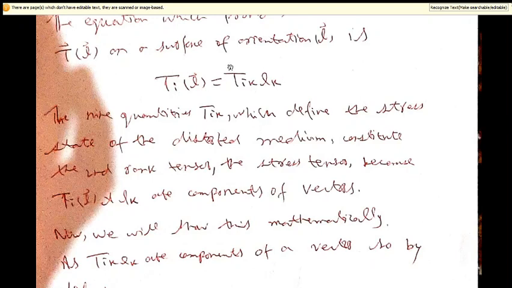So if the left hand side is a vector, the right hand side must be a vector. We will start from the definition of a first order tensor and show that these are the components of a second order tensor. There is a derivation behind this equation, but I am not going to do that. I have directly written this equation.